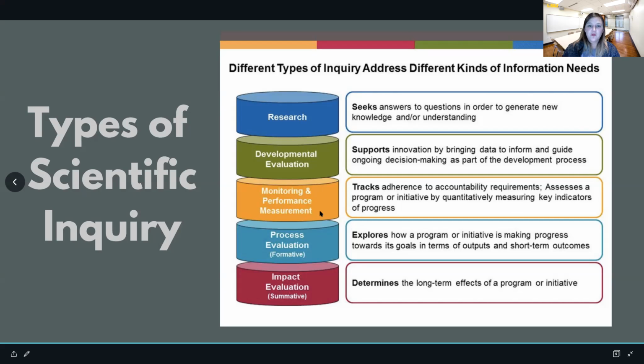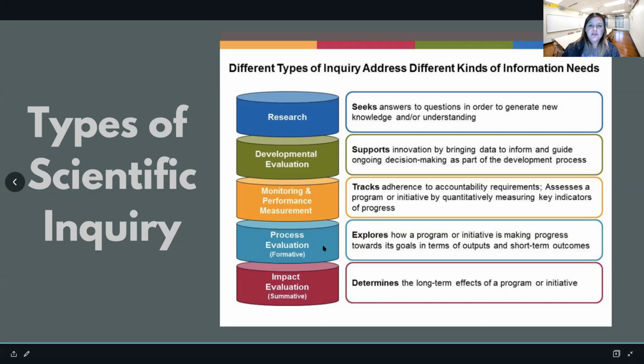Monitoring and performance measurement is whenever we are really focused on the indicators of are we doing the things that we said we're going to do. So counting things, counting how many clients we see, how many hours of services we provide.